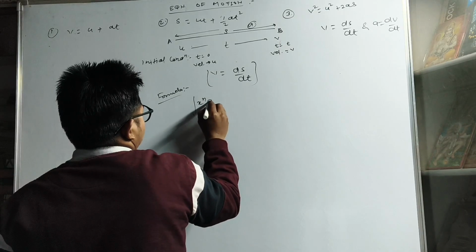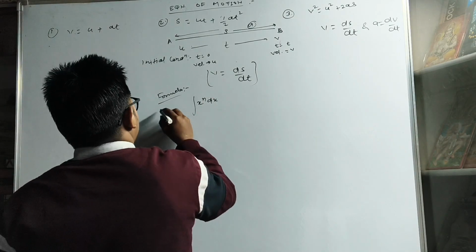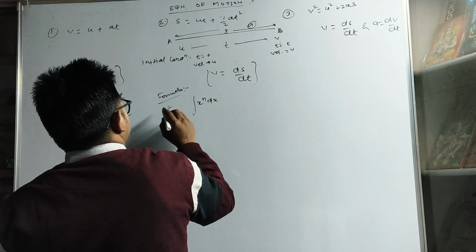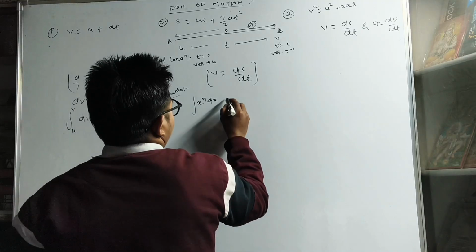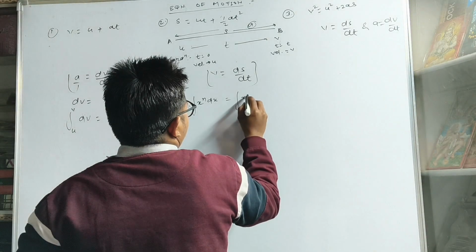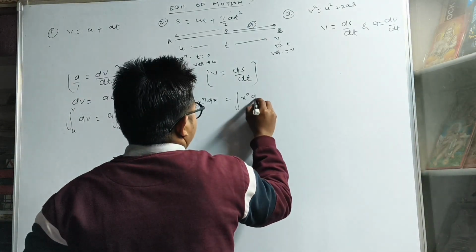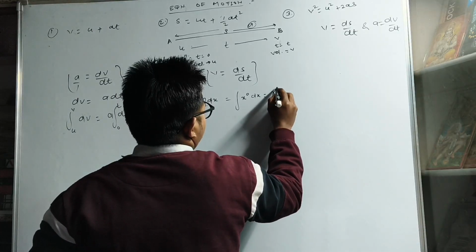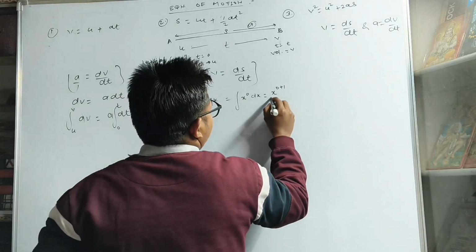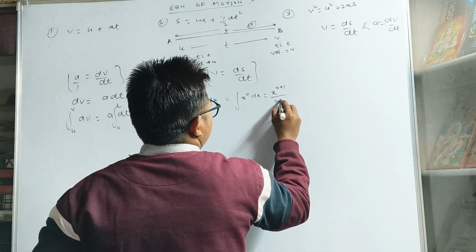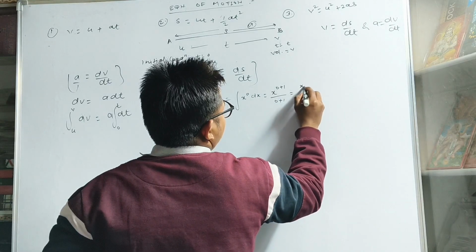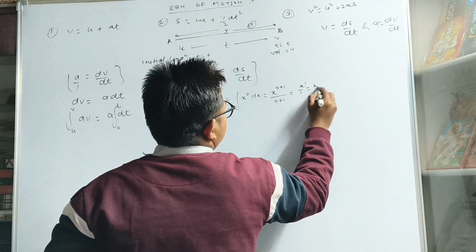integral of x to the power n dx, when n equals 0, this term becomes x to the power 0 dx, and this is nothing but x to the power 0 plus 1 upon 0 plus 1, which equals x to the power 1 upon 1, that is x.